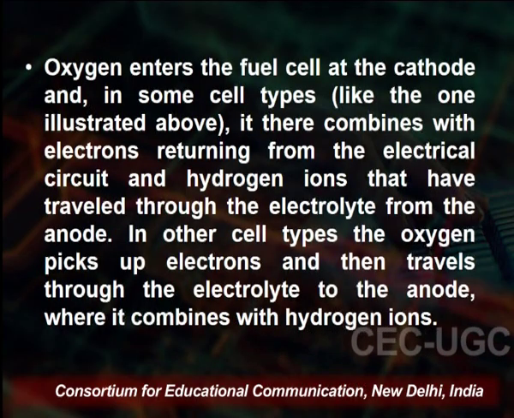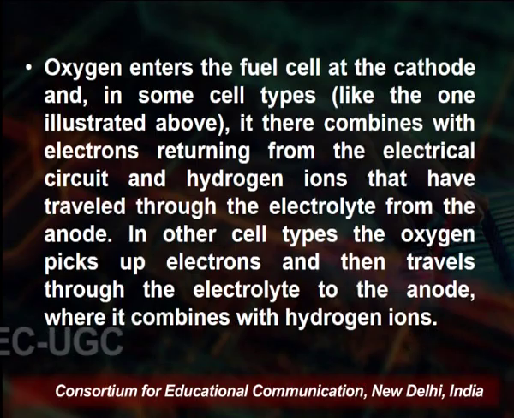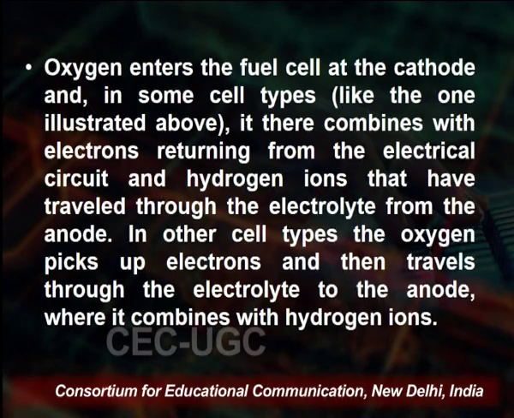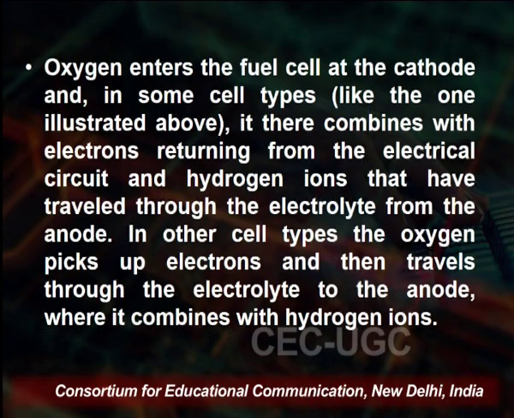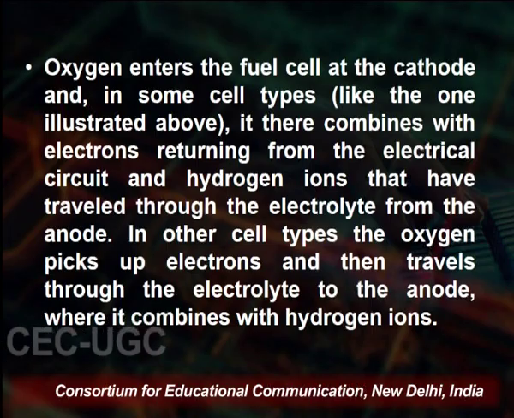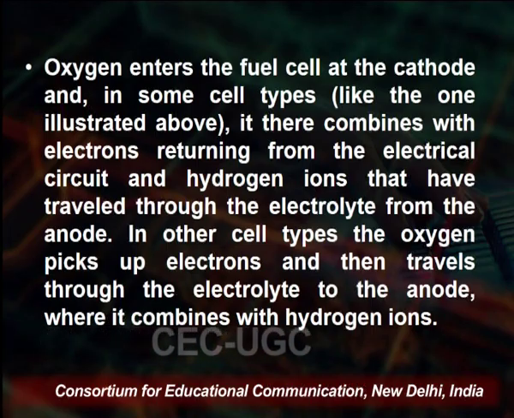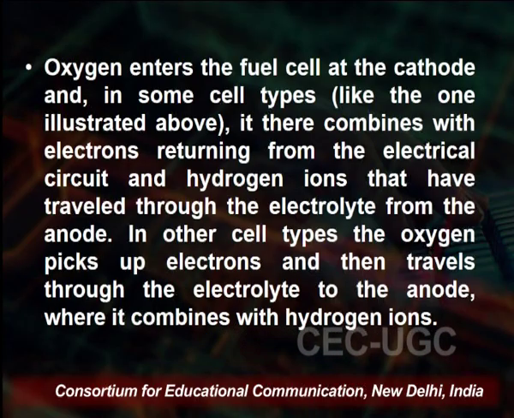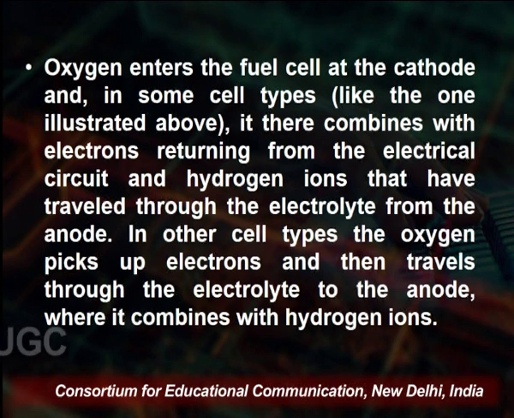So, oxygen enters the fuel cell at the cathode end and in some cell types, like the one we have illustrated above, it combines with the electrons returning from the electrical circuit and the hydrogen ions that have travelled through the electrolyte from the anode.